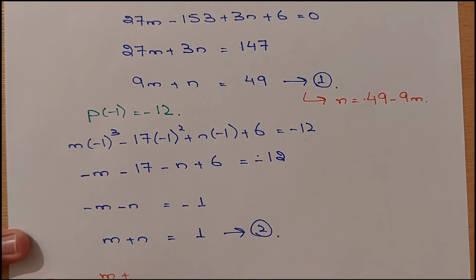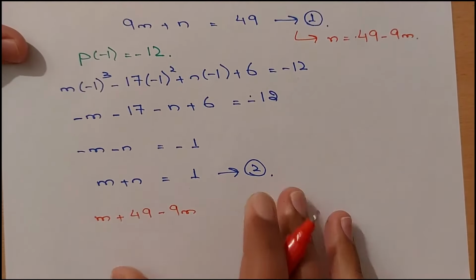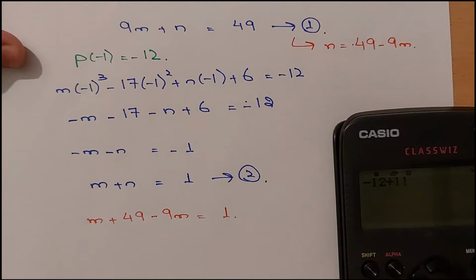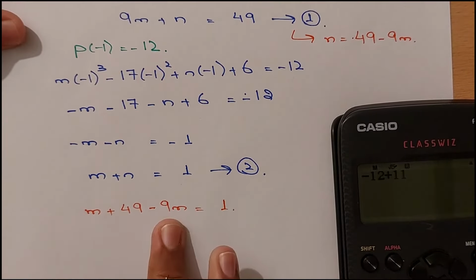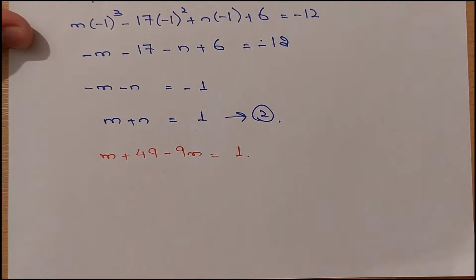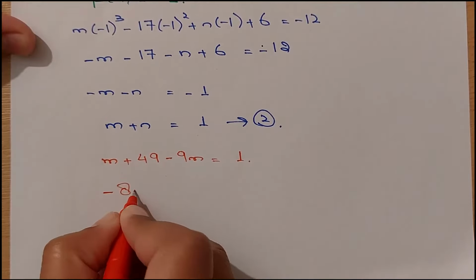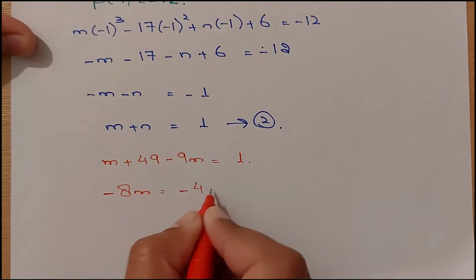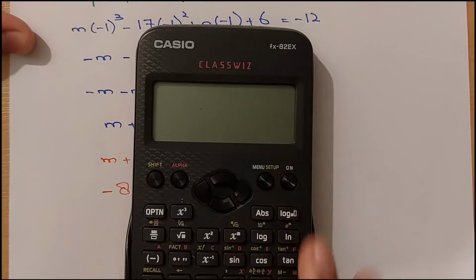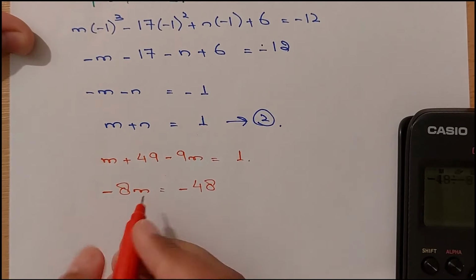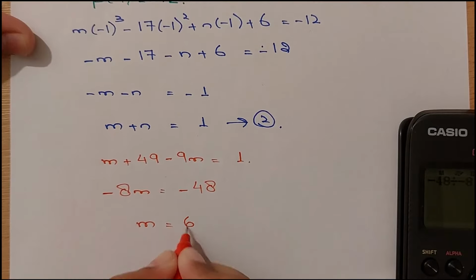So m plus 49 minus 9m equals 1. Right, let me solve. 1 minus 9 is minus 8, so minus 8m, and 1 minus 49 is minus 48. Minus 48 divided by minus 8 is 6. So m is equal to 6.